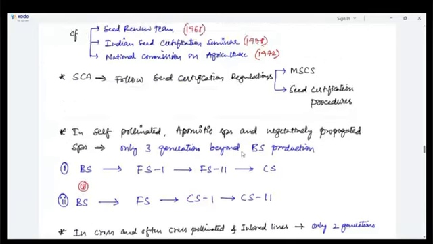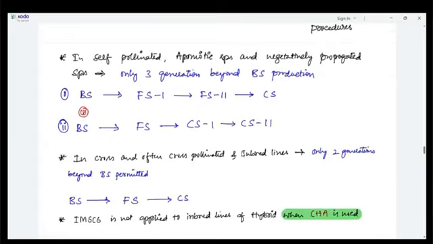So I will just tell you about the conditions for going for different generation systems.